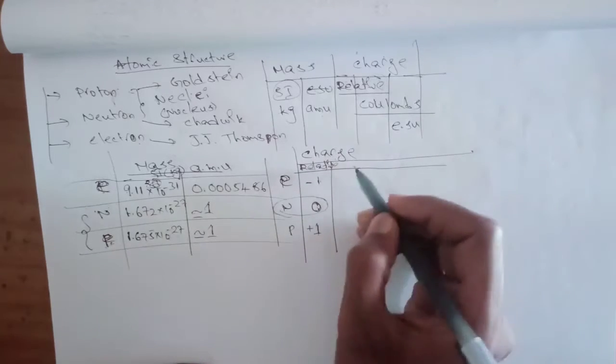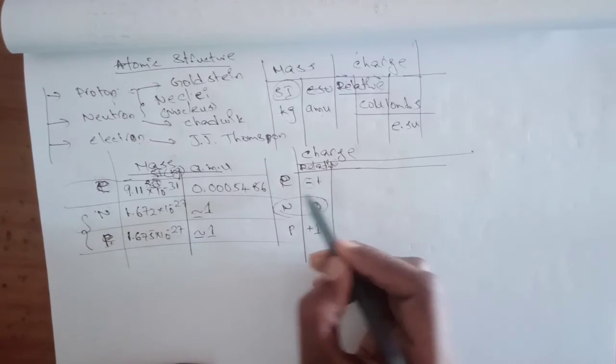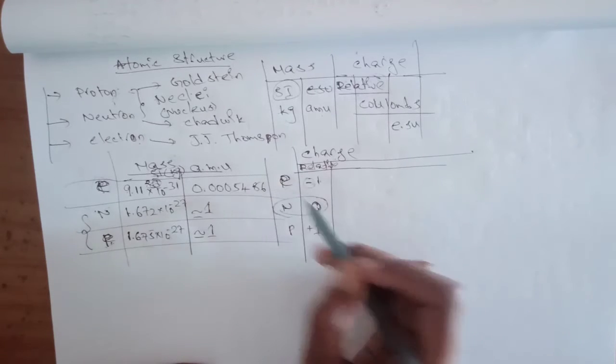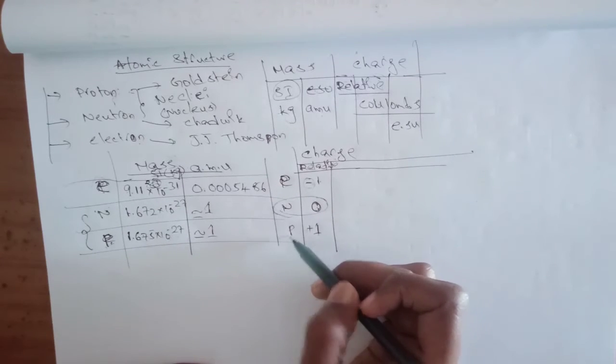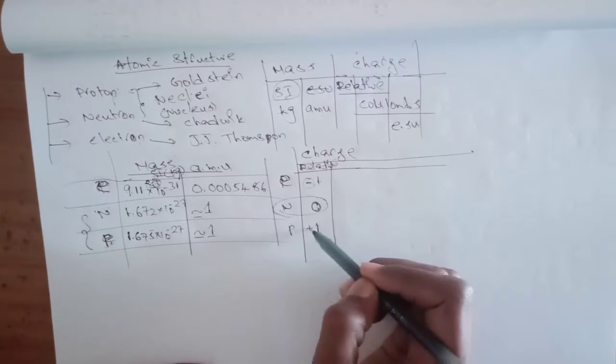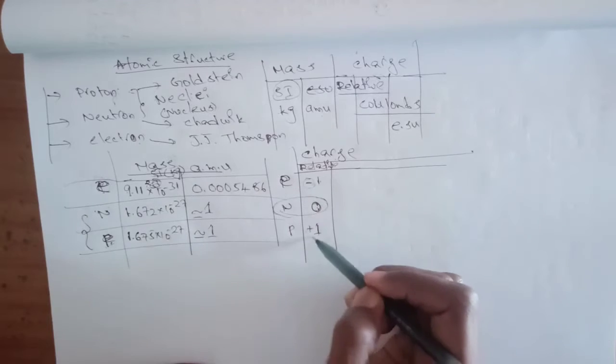Negative indicates the electron charge, and positive indicates the proton charge. Whenever sign convention comes up, we have to remember this concept.